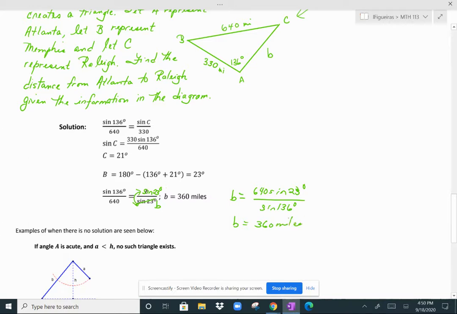Okay, so that ratio there should have been its reciprocal.